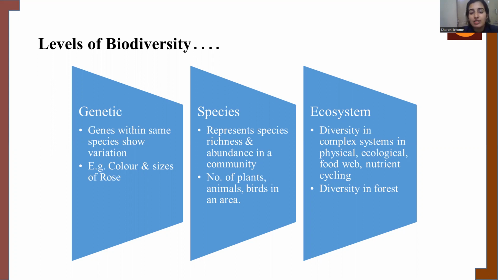An example is diversity in a forest, wherein a lot of species interaction and interdependence forms that particular ecosystem, wherein there are a lot of variations in each species, and all together we can see it as an ecosystem. So these are the three levels of biodiversity.